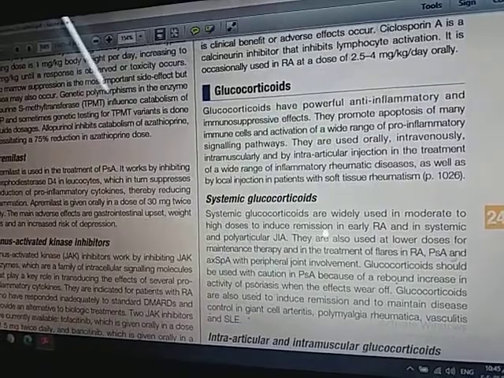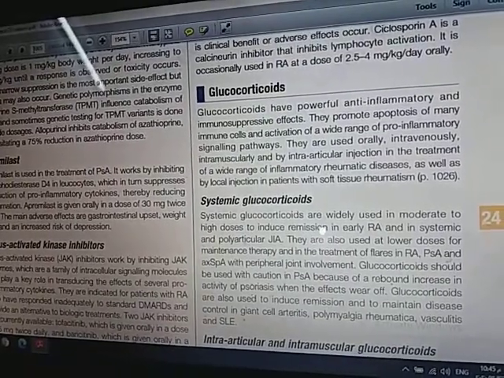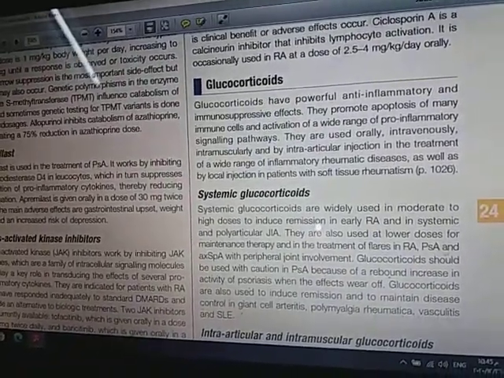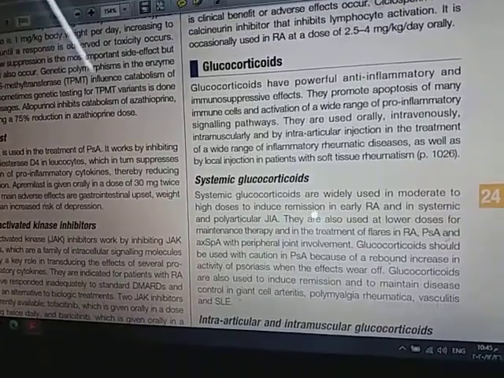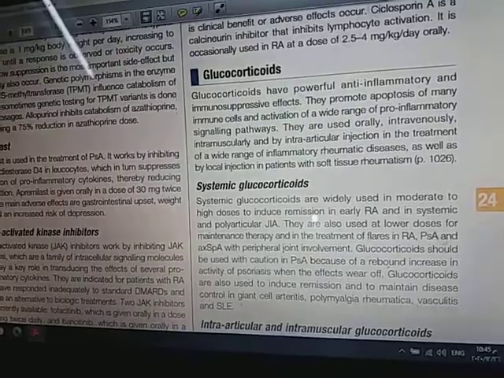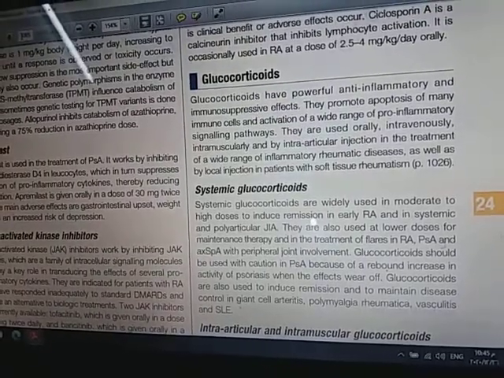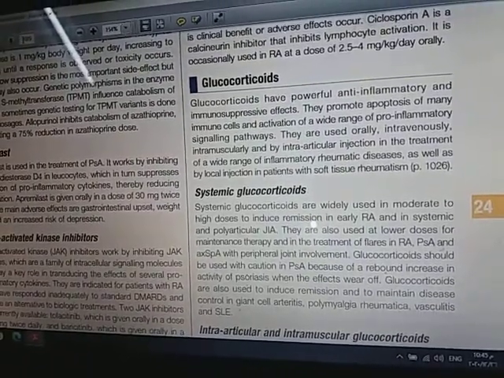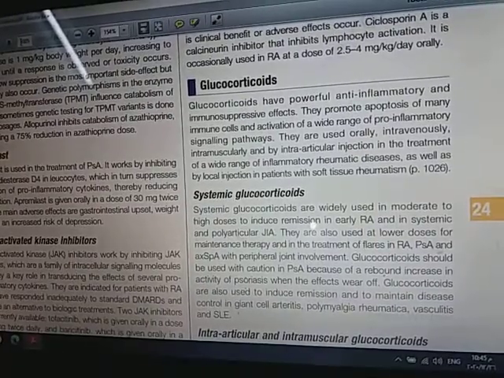Otherwise, long-course systemic steroid therapy has too many side effects, and it is one of the drug abuse uses.